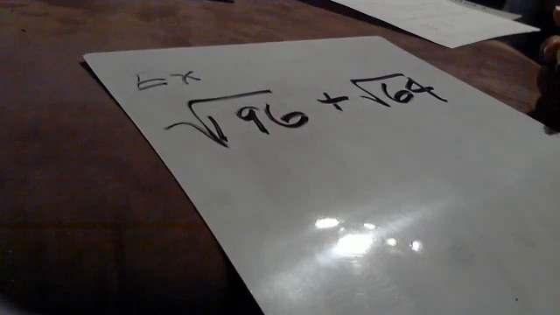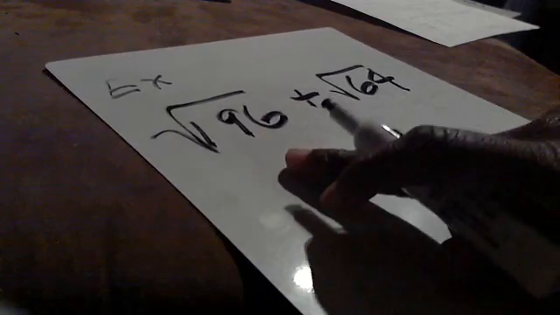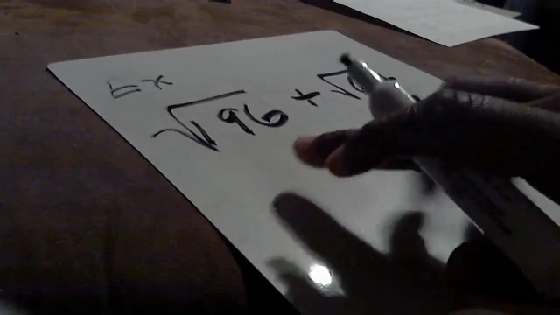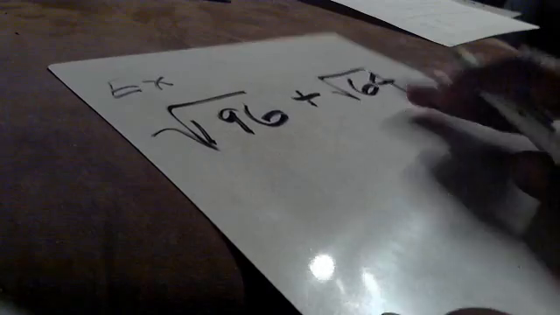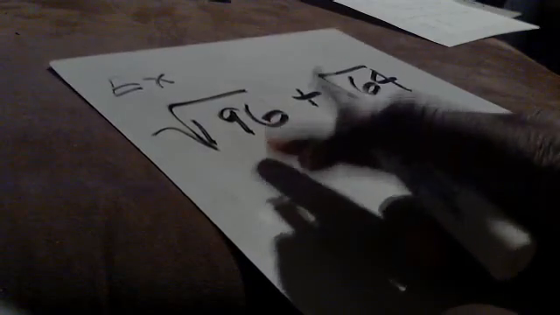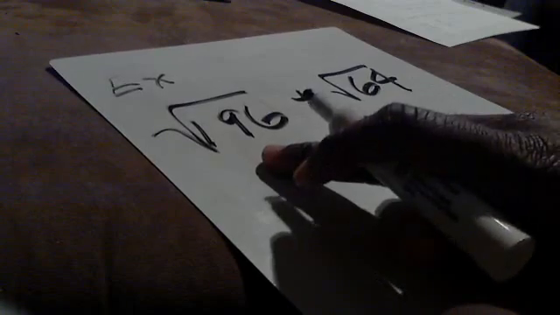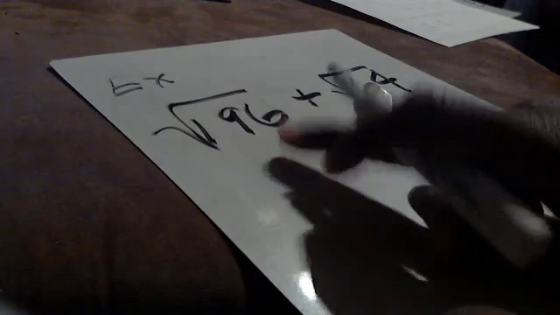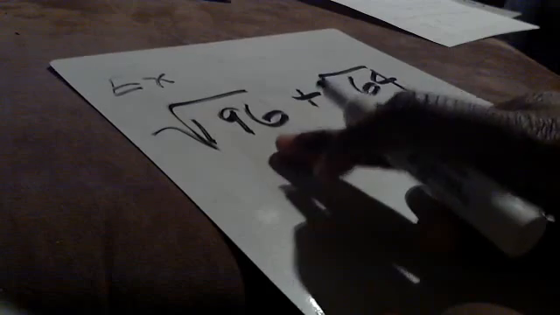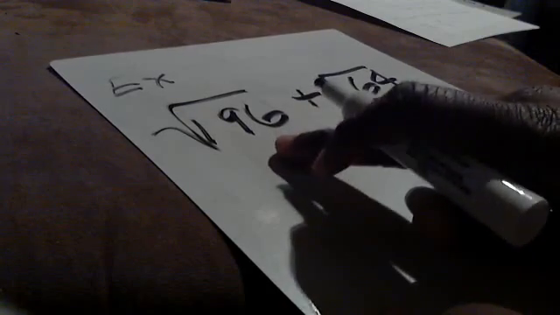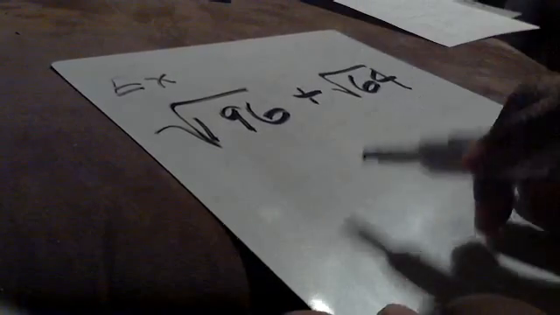Square root of 196. Again, we're figuring out a way to make this simpler left to right, one step at a time. We can find out what the square root of 196 is. 196 is a perfect square, in that there does exist a number such that when we multiply that number by itself, we get this number under the radical, this 196.